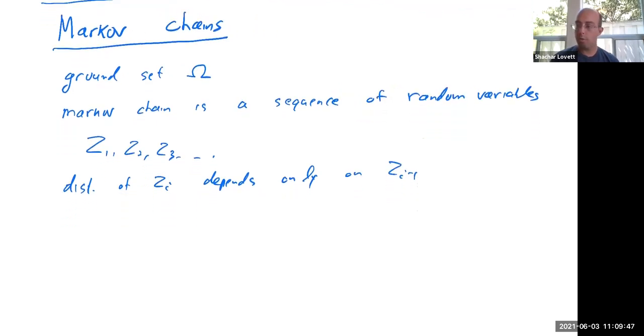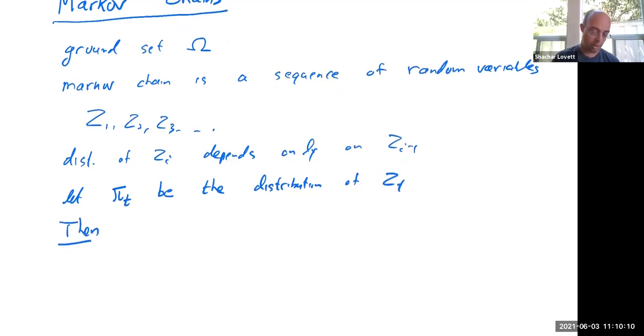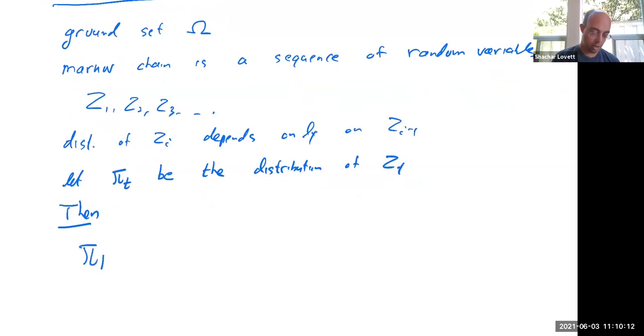So formally, what we could write is that, let pi t be the distribution of Zt. Then what we mean is that pi t is determined by some matrix A t times pi t minus 1.